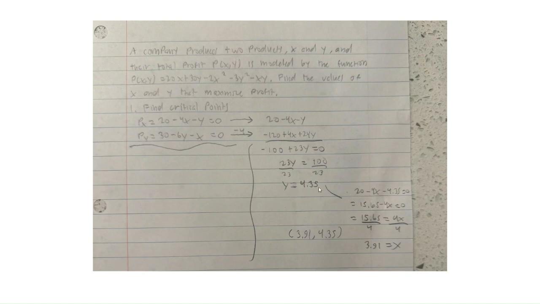So that's what we do down here. For 20 minus 4x minus y, I just subbed in 4.35 for y. And I combine like terms.